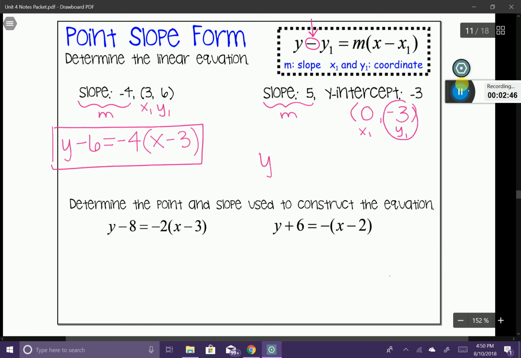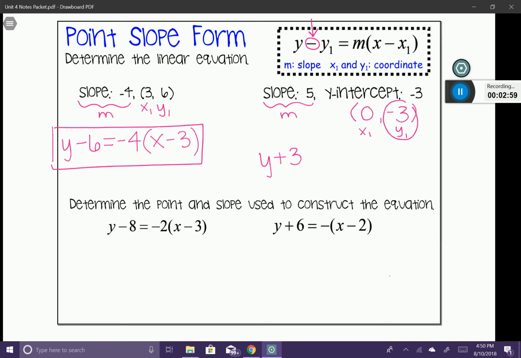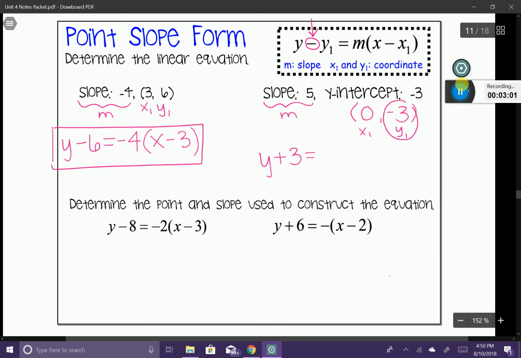Because isn't y sub 1 -3? When you subtract a negative, it's actually going to change it to a positive. So it's going to be y plus 3. And that's just using integer operations. Let's continue. Equals my slope, which is 5, times x minus my x1, which is 0.